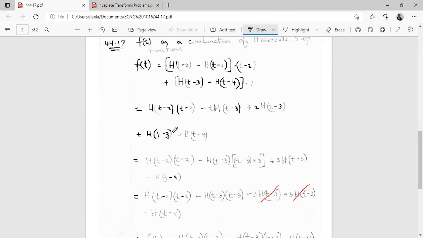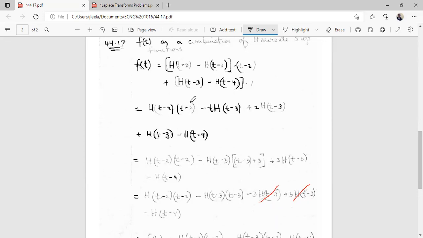Subtract H(t-4). So that won't have any major difficulty there. The only one you really have to deal with is the t H(t-3). You have to apply the distributive property here.